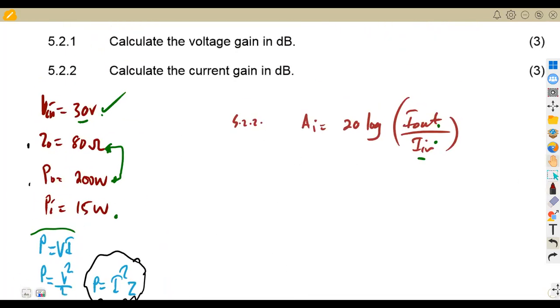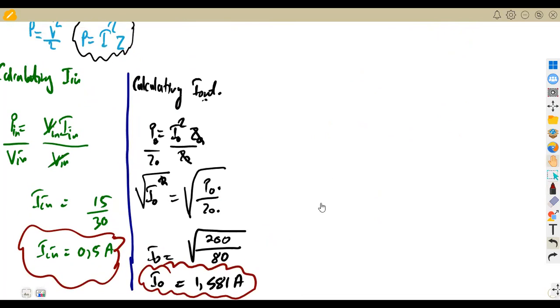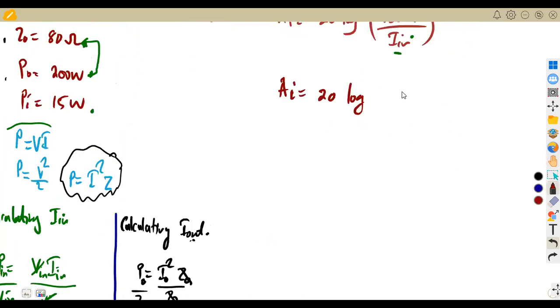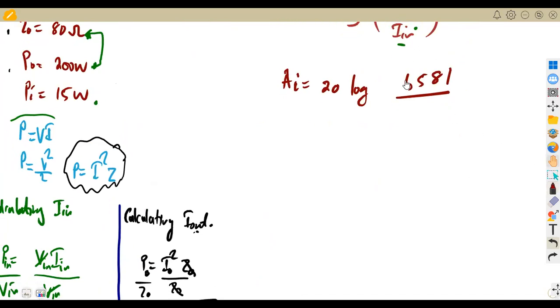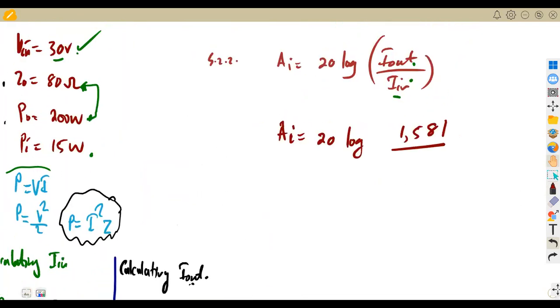The current gain is 20 logarithm of the output current, 1.581, over the input current, which is 0.5. This whole part gives us the current gain in decibels.